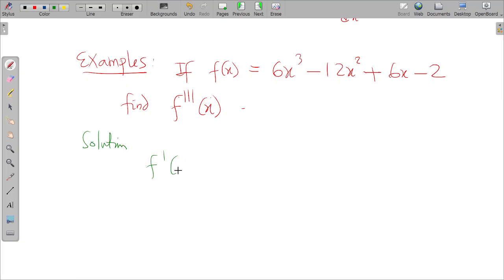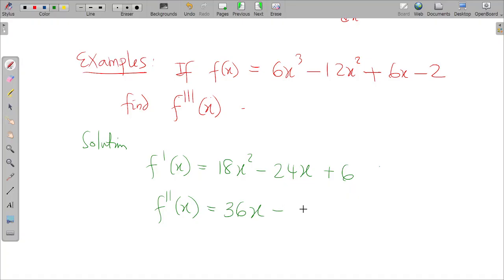The first derivative is 18x squared minus 24x plus 6. That is the first one. The second derivative will now be 36x minus 24. What about the third derivative? That will be 36. That is all they want us to find.